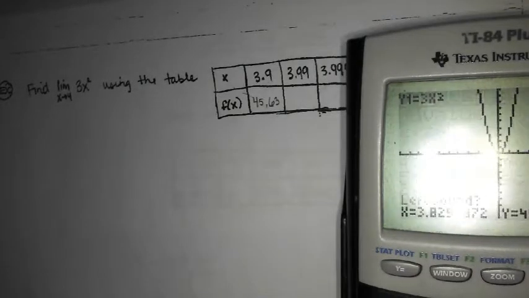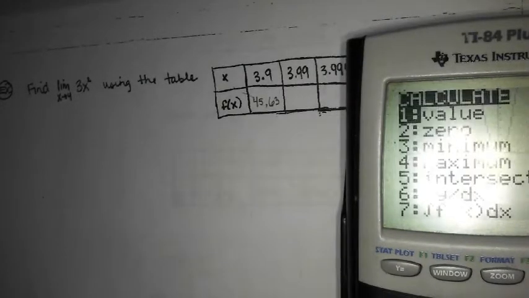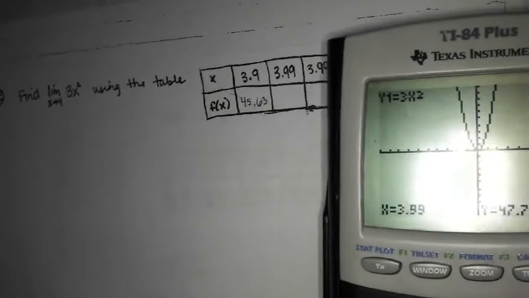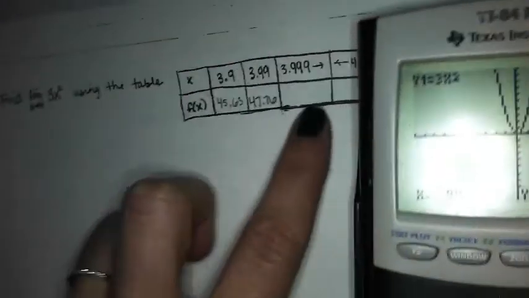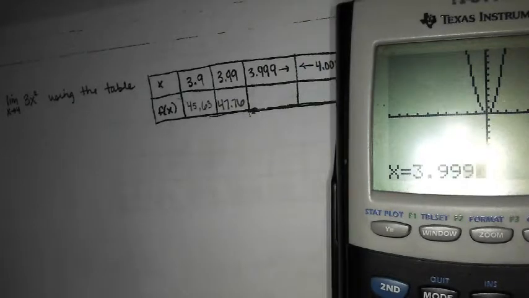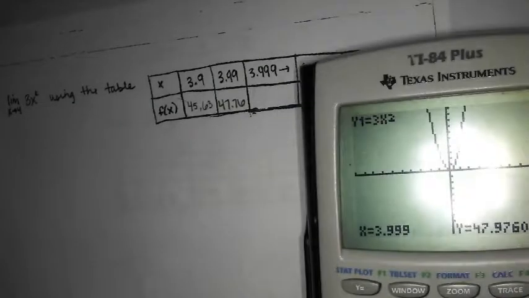Second trace, 3.99 gives us 47.76. And 3.999 gives us 47.98.